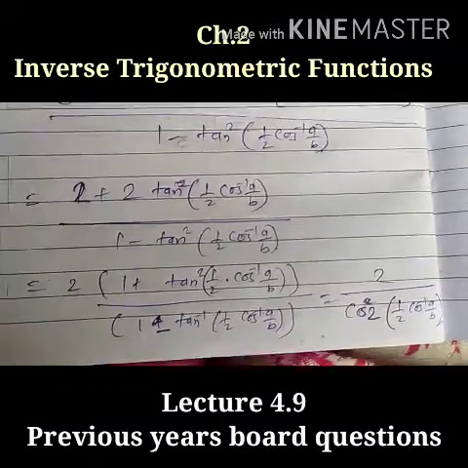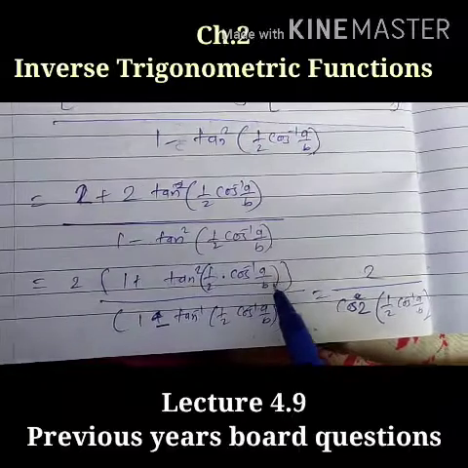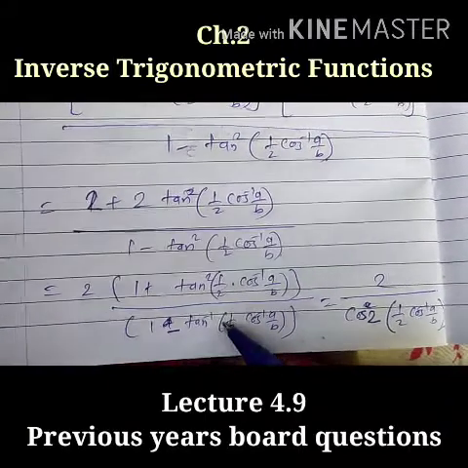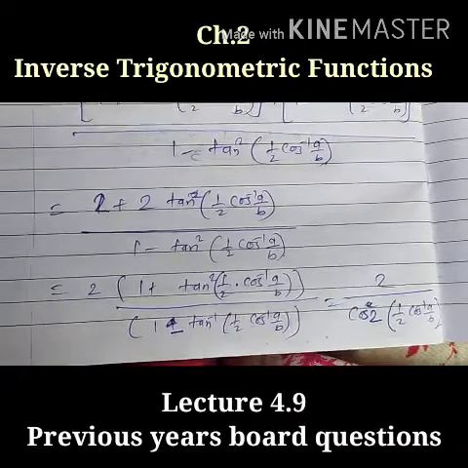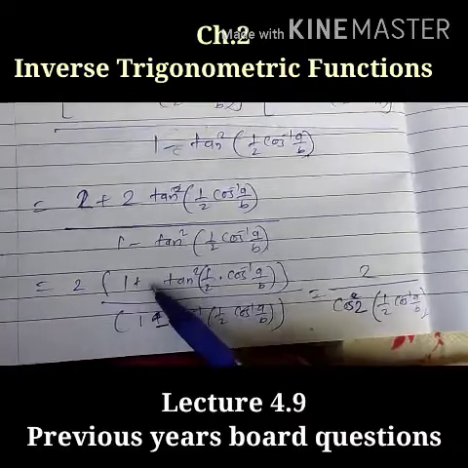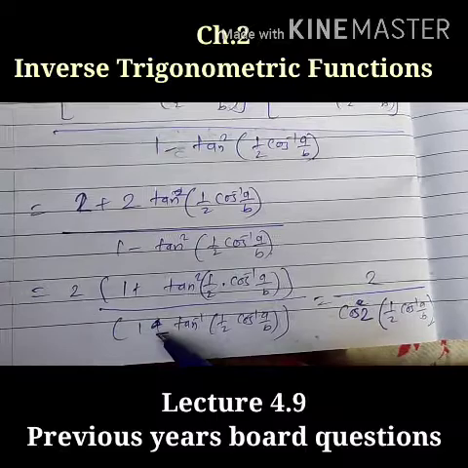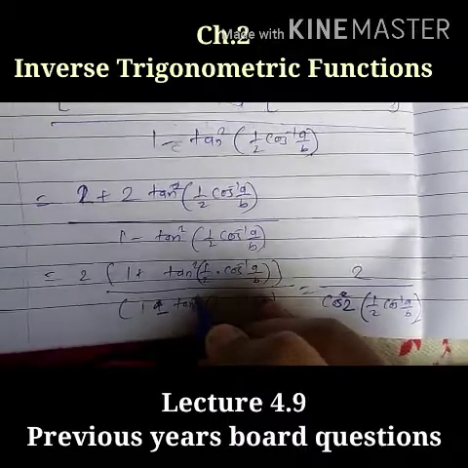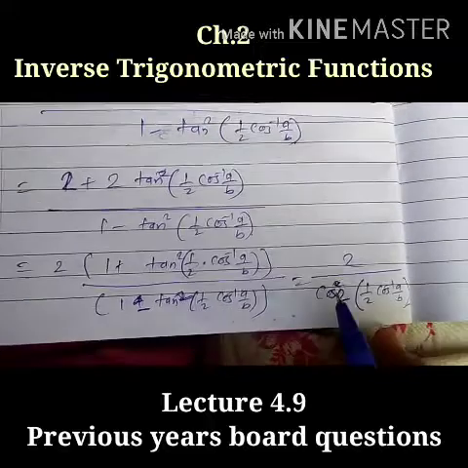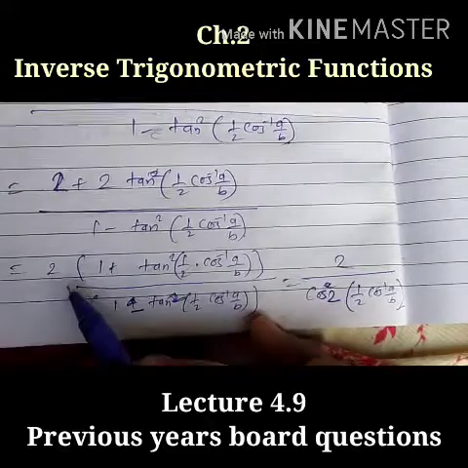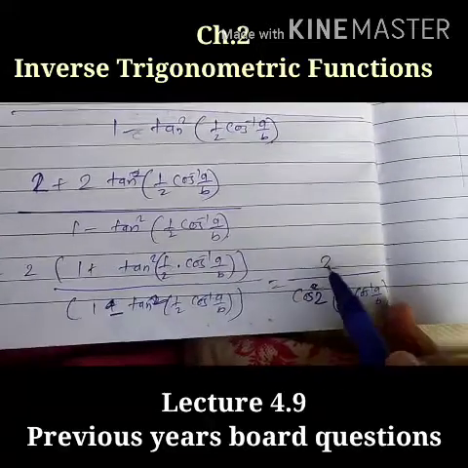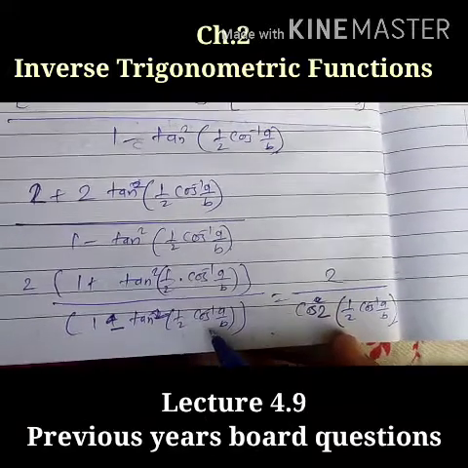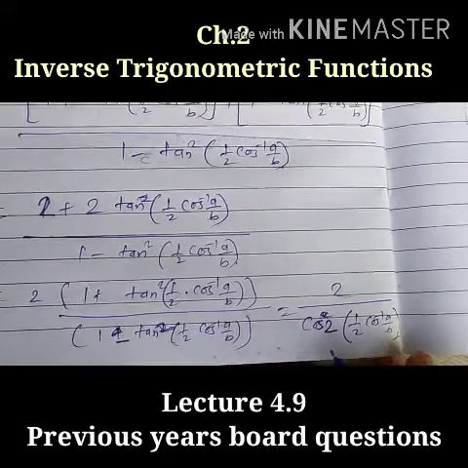Here we know that cos of 2 theta is equal to 1 minus tan square theta upon 1 plus tan square theta. So we can write 1 plus tan square theta upon 1 minus tan square theta as 1 upon cos 2 theta. This 2 is as it is, so it will be 2 upon cos 2 theta. Here our theta is 1 by 2 into cos inverse of a by b.